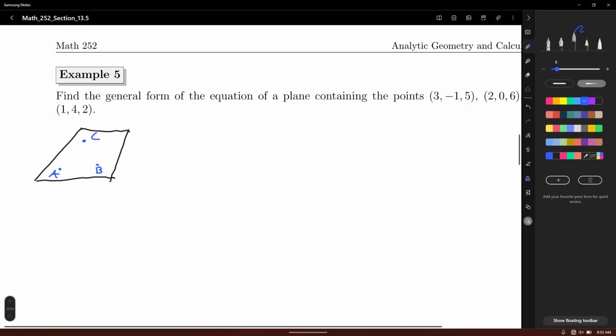All right? We need to get the vector, again, the vector that is orthogonal to the plane, right? Because again, that vector that is orthogonal to the plane is going to give us the coefficients of x, y, and z. How can we get that normal vector to the plane, given those 3 points as information? Any ideas?